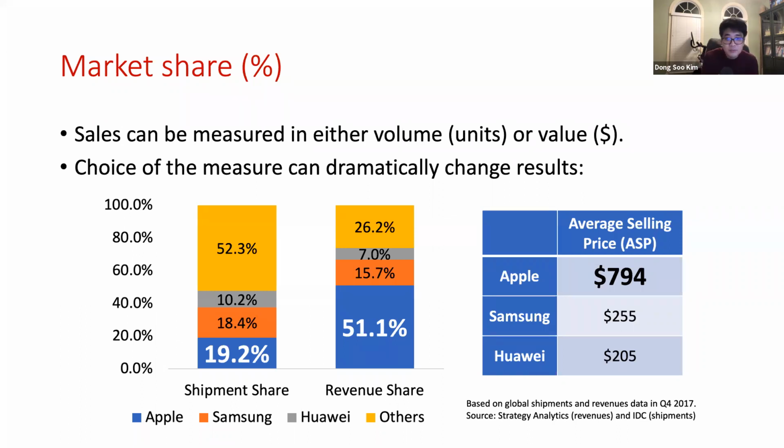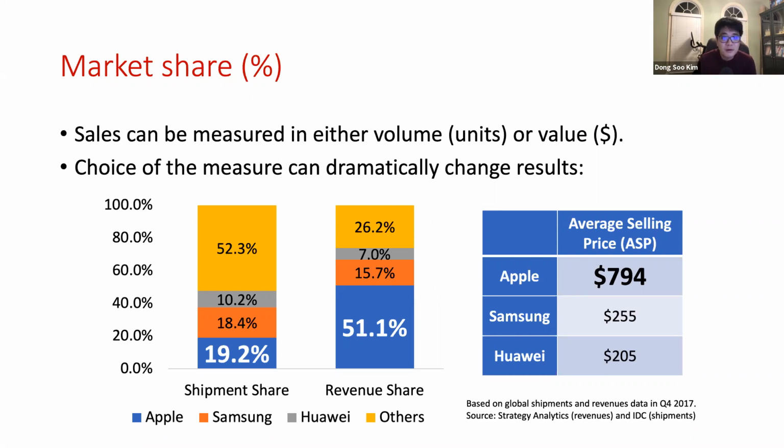Choice of the measure between volume and dollar value can be very critical because it can dramatically change market share values. Here's an example. This figure shows smartphone market shares of the big three companies in the fourth quarter of 2017.